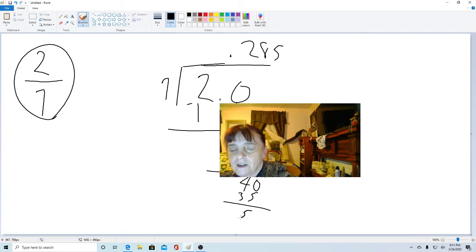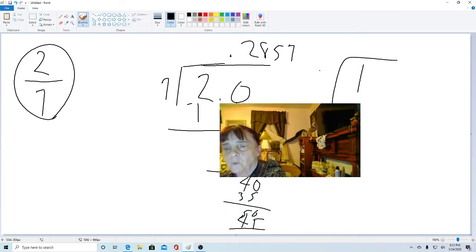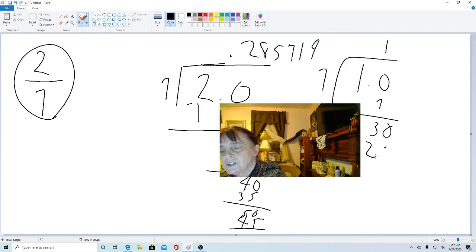And then you subtract, you get 1. Bring down a 0 to make it 10. 1 times 7 is 7, and you get a 3. 4 times 7 is 28, and you get a 2.